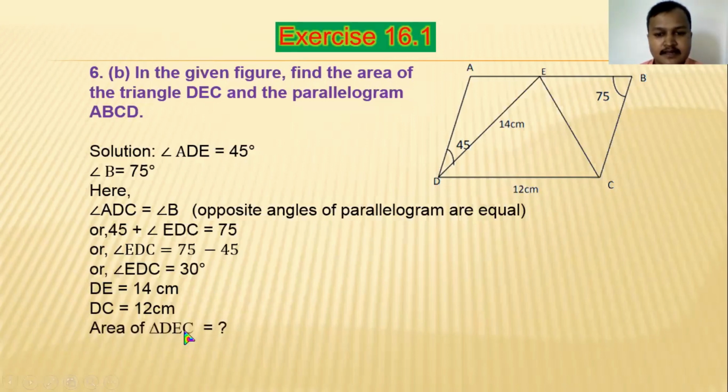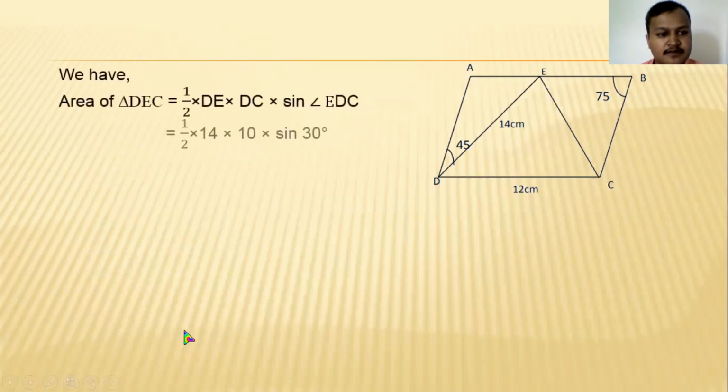Then area of triangle DEC is equal to what? And we have the formula: area of triangle DEC is equal to half of DE into DC into sine of angle EDC, which gives us half of 14 into 10 into sine 30.